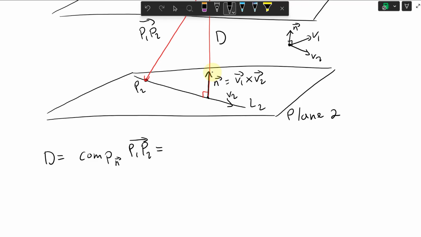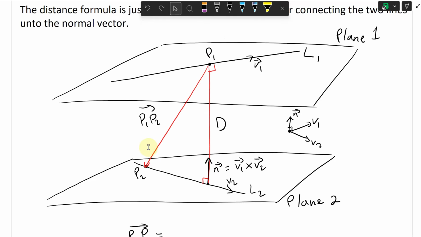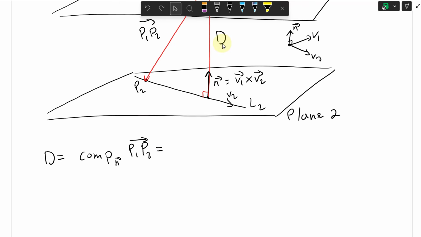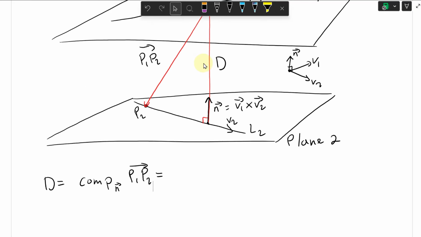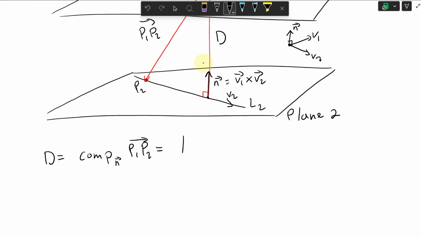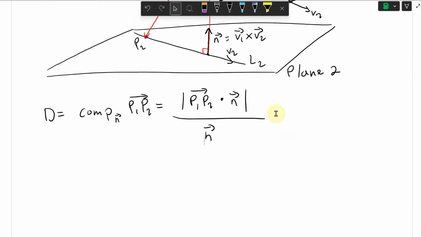It's going to be the projection of this onto this, and that's just using the formula. This is P1 P2 dot product, the absolute value of the normal vector divided by the magnitude of the normal vector. So the unit vector multiplied by the dot product, it can be viewed as multiplication by the unit vector there. This is distance.